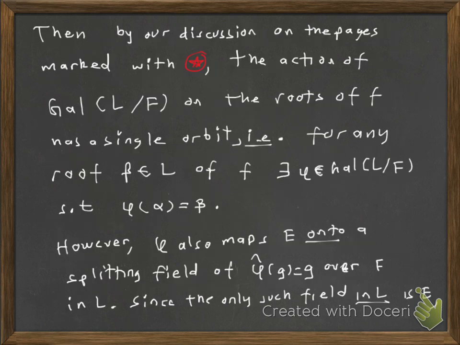Remember what we did in our previous video. When this happens, then the action of the Galois group of L over F on the roots of f yields a single orbit. So it's a transitive action on those roots. That means for any root beta in L of f, you can find an F automorphism phi of L that takes alpha to beta.